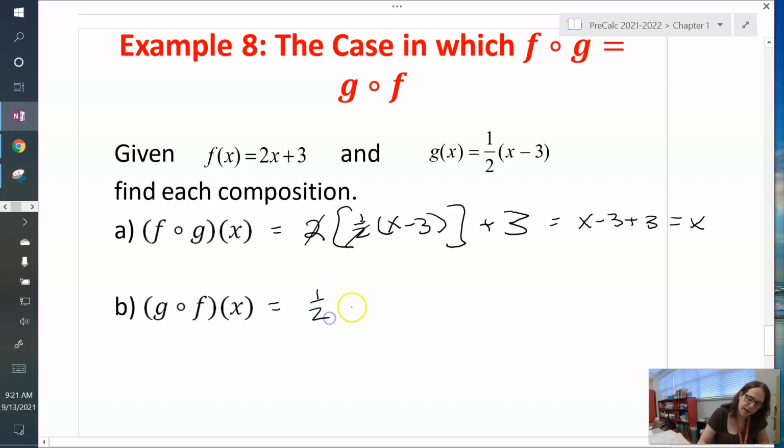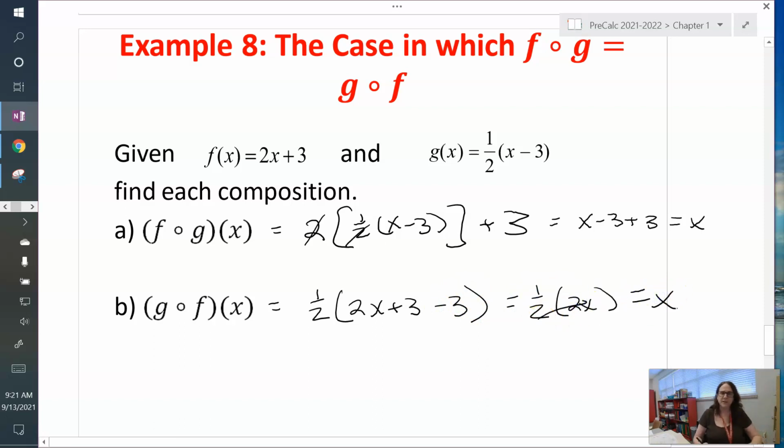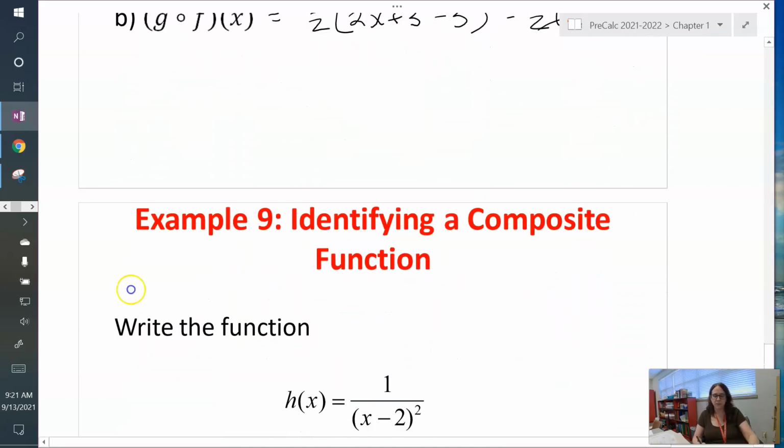So I'm going to have 1/2 of (2x plus 3), and so that's my x, and then I do a minus 3. I get 1/2 of 2x. Those cancel, and I get x. So same thing. This is a case where you can reverse them and you get the same thing. It's just not always true.